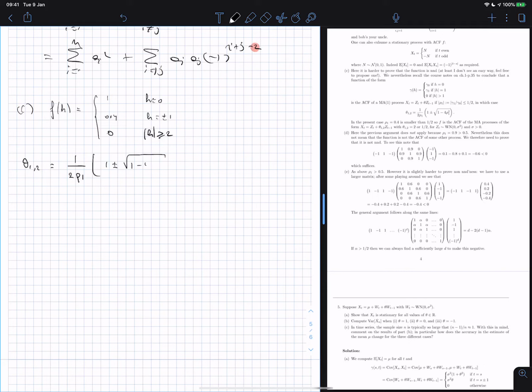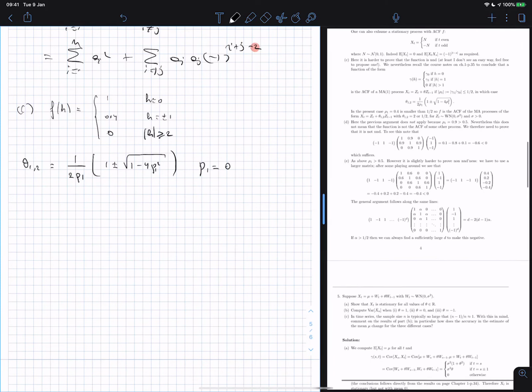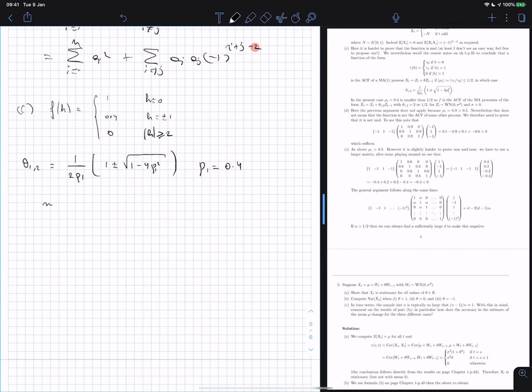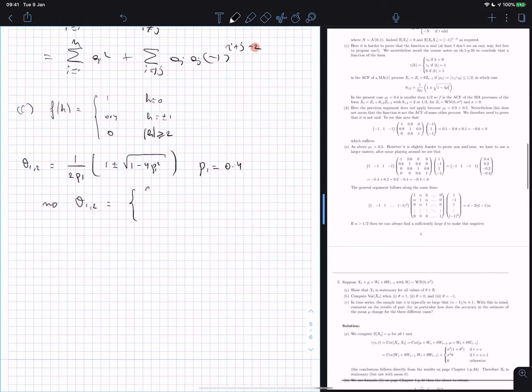So we have rho 1, which is equal to 0.4, so that this gives us theta 1 and 2, which are equal to, I suppose I didn't make a mistake here, either 2 or 1/2. I guess I didn't make a mistake.